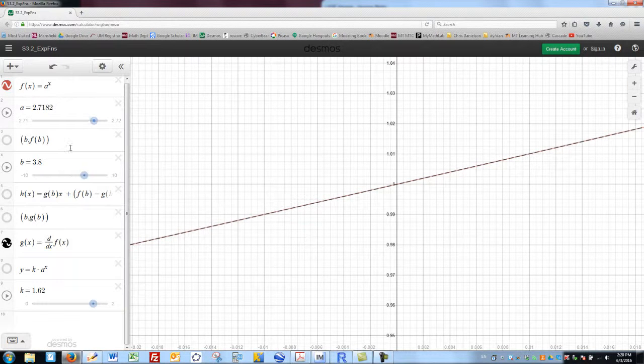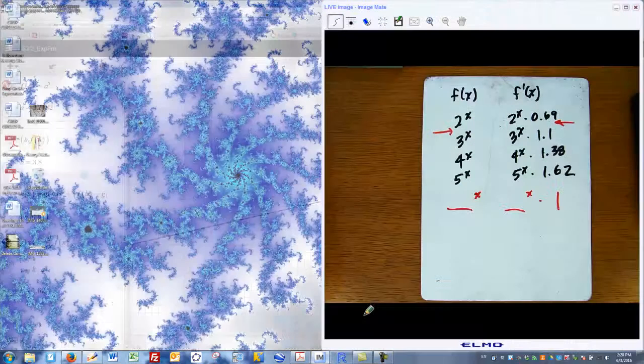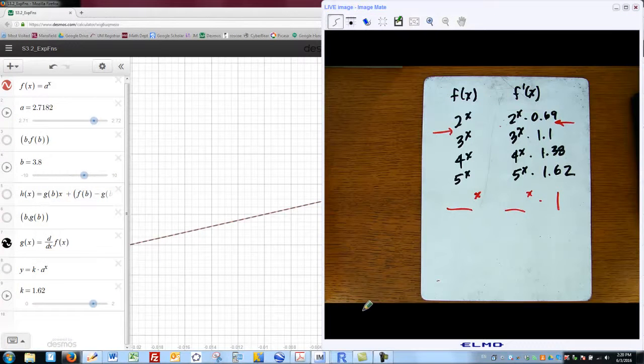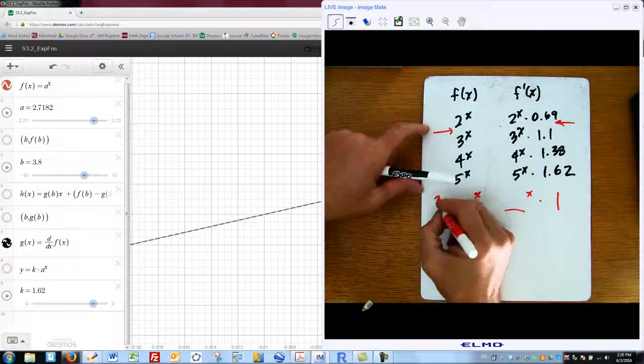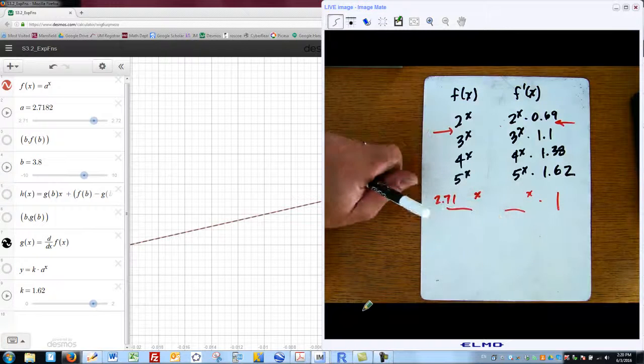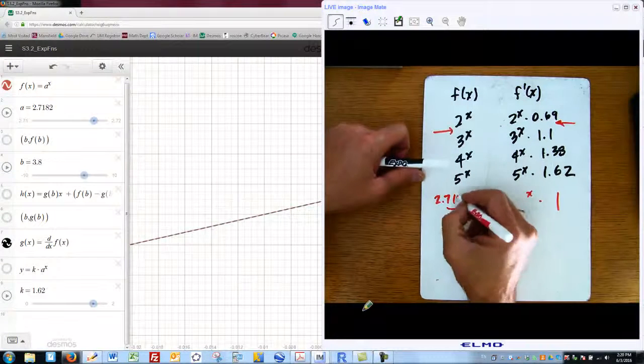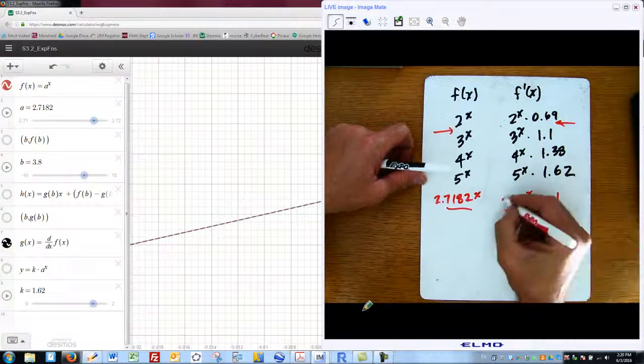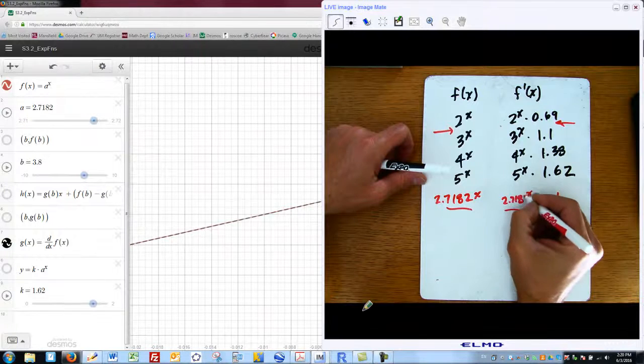Well, somewhere in there, 2.7182 seems to be roughly where the graph is equal to its derivative, the base of the exponential function. 2.7182 is equal to 2.7182.